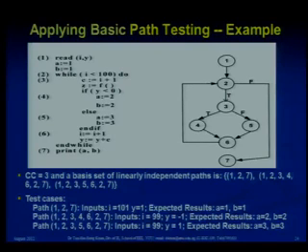Then use this number as a guide to identify a basis set of linearly independent paths in a control flow graph. Once you have identified a basis set of linearly independent paths, then we design a test case to exercise each of them. It's something like solving simultaneous equations.